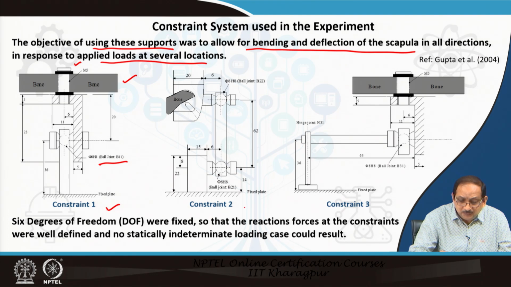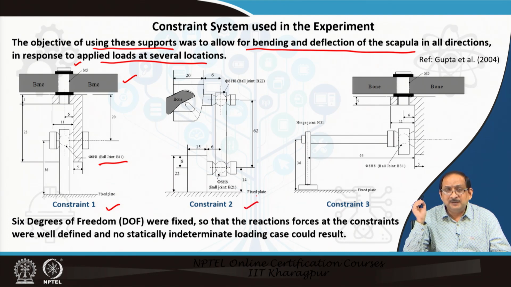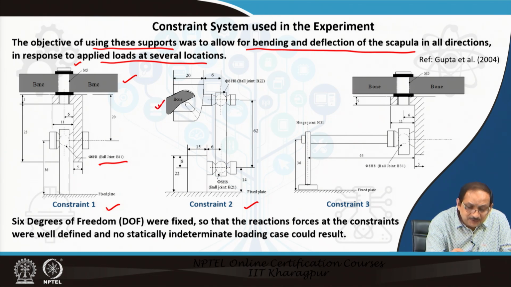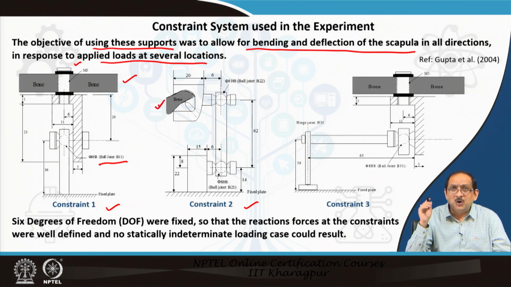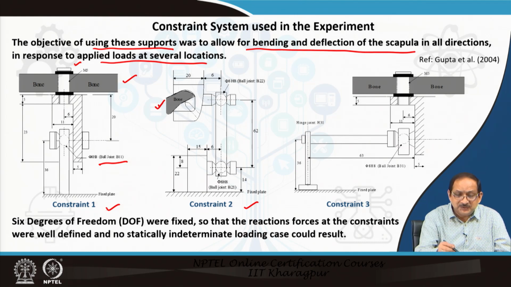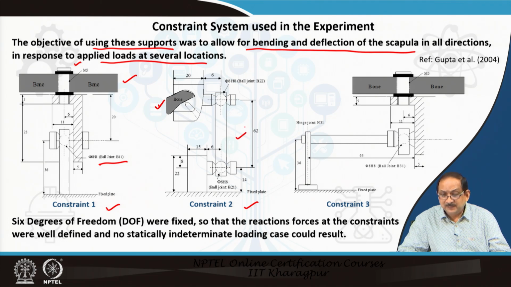Constraint number 2 is presented here. It also has a similar type of supporting arrangement with ball joints, and the bone is held by a jaw which is further fixed to the supporting links as shown here. Constraint number 3 again has a drilled hole within the bone.